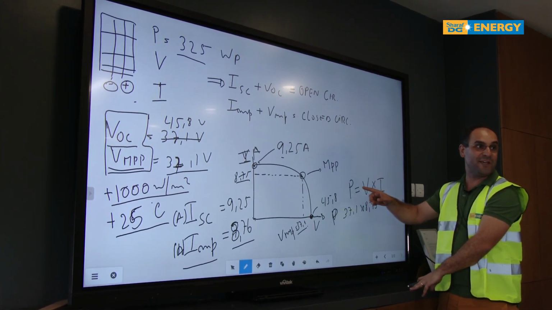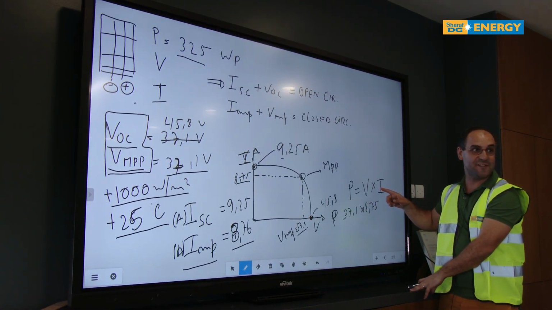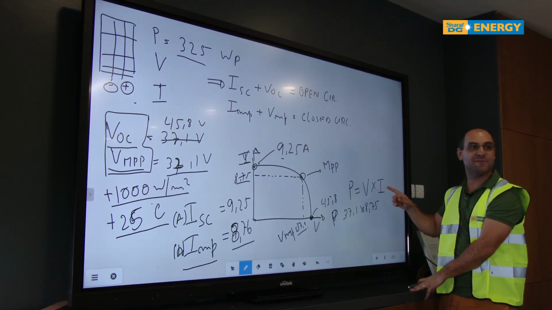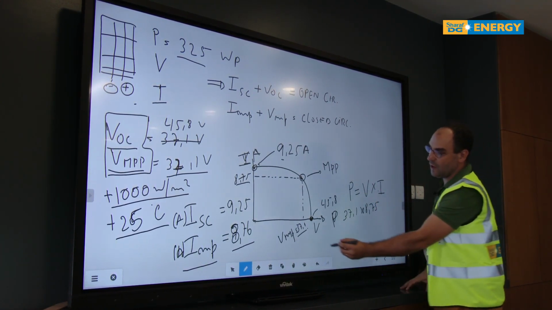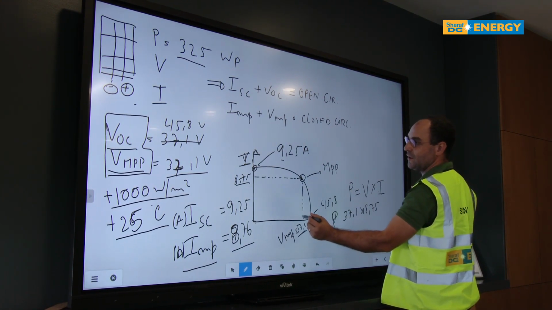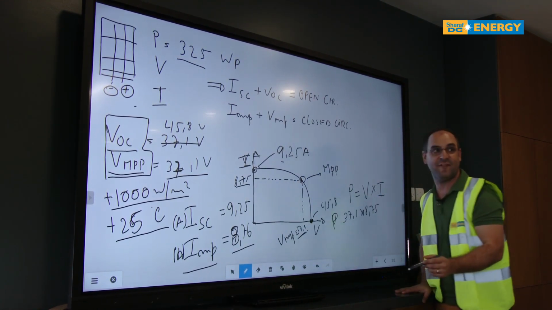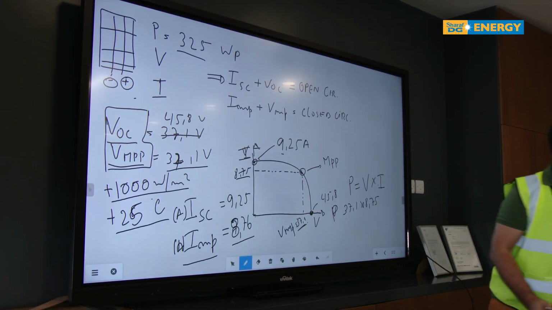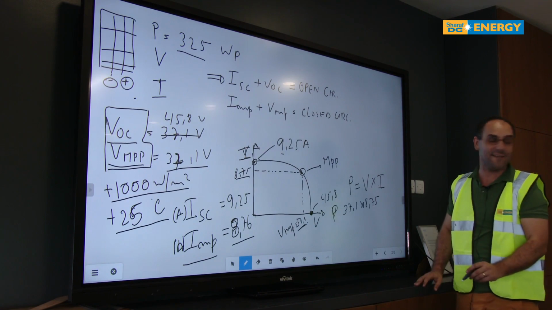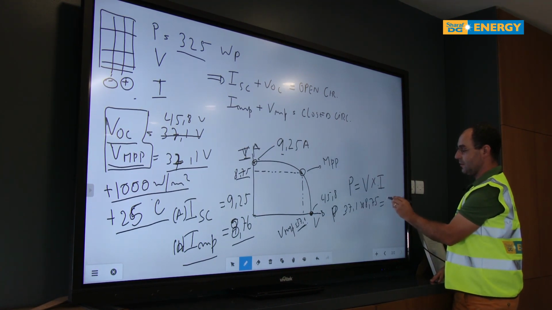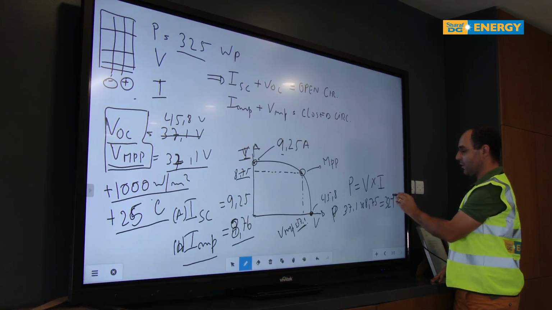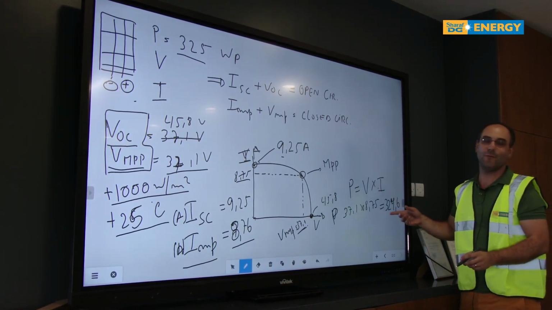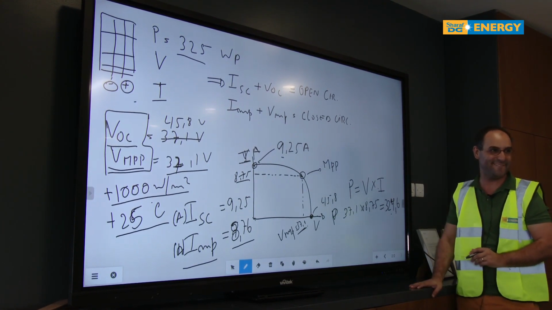This is a simple mathematical equation on a DC circuit, where the power is always equal to the voltage times the current. So now the idea is to multiply 37.1 times 8.75. How much will it go? 324.6, right? So 324.6. We are almost there.